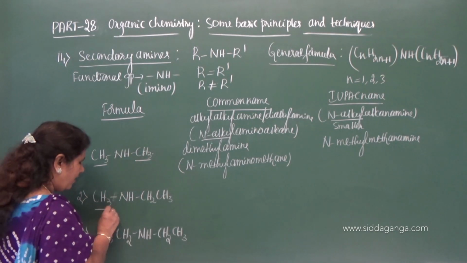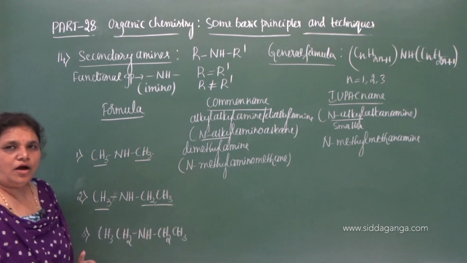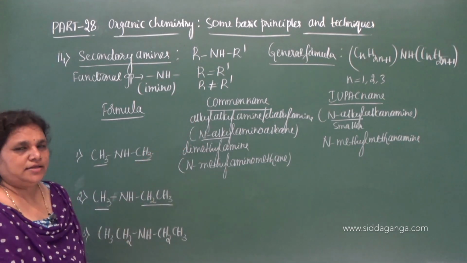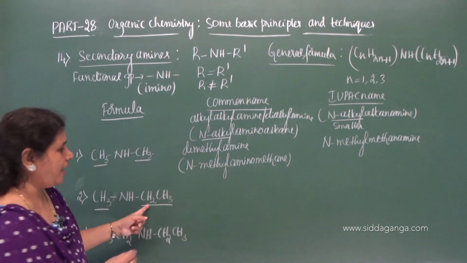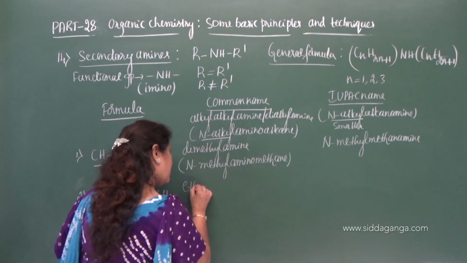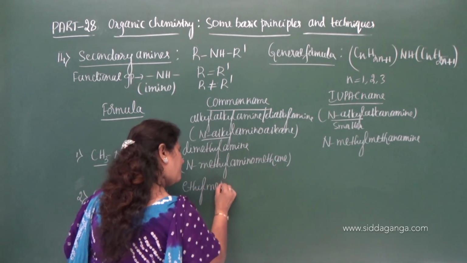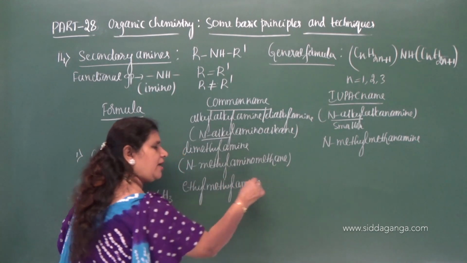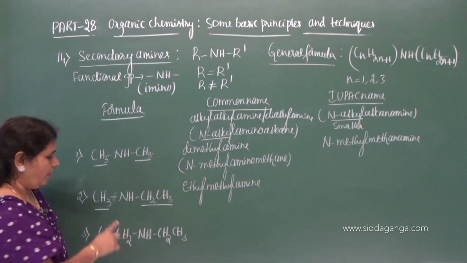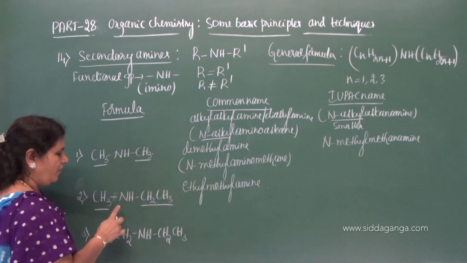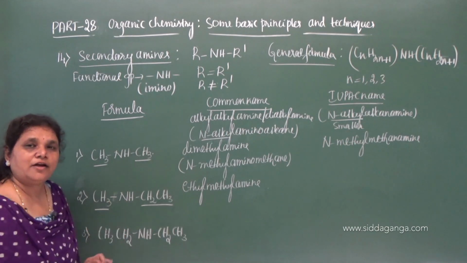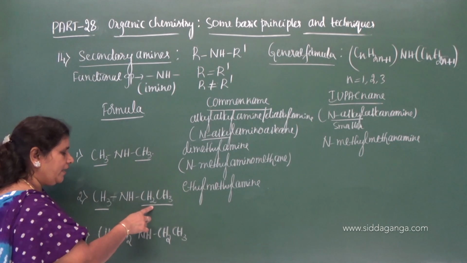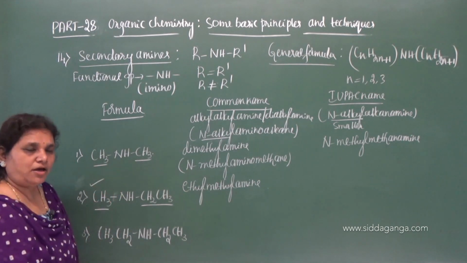One is methyl, another one is ethyl, and you have to arrange them in alphabetical order. Which comes first? Ethyl comes first, and hence ethyl methyl amine. Correct? But according to this name, you have to consider one of the alkyl groups as prefix, which must be smaller. Out of methyl and ethyl, methyl is the smaller group.